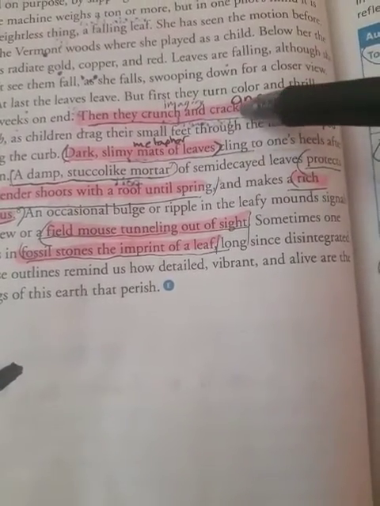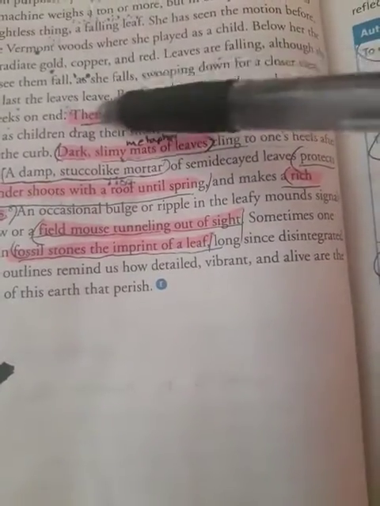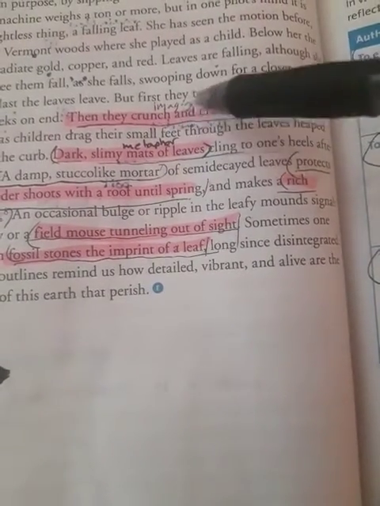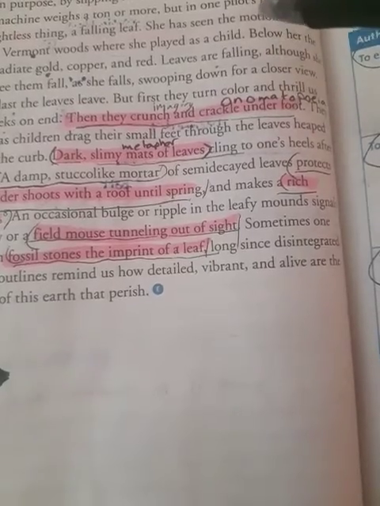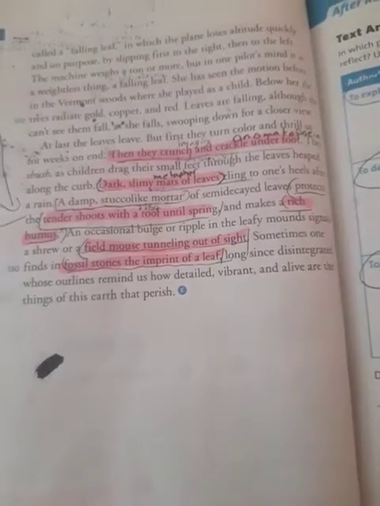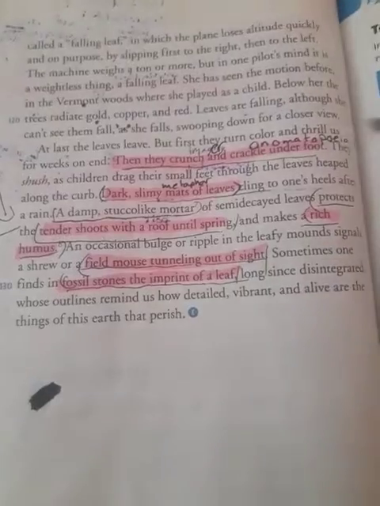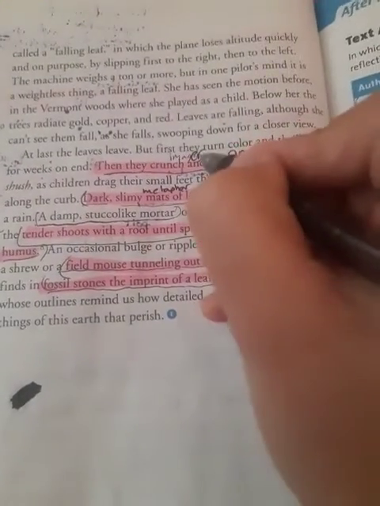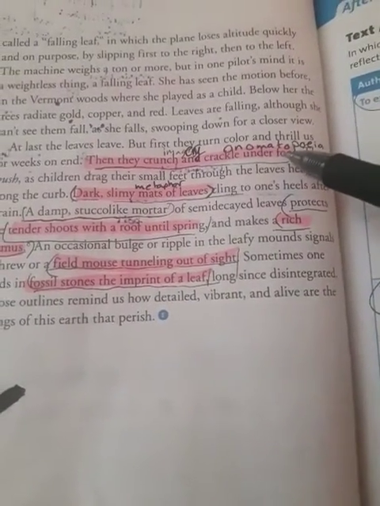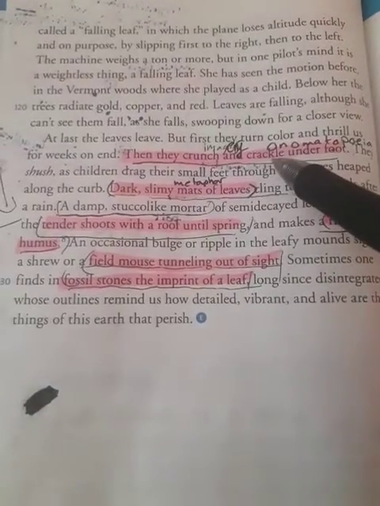You know that crackle, like pop underfoot. You know that leaves crunch and crackle. Here we have two figures of speech: imagery, okay, and onomatopoeia. You know that onomatopoeia means sounds, because there are two sounds, crunch and crackle.